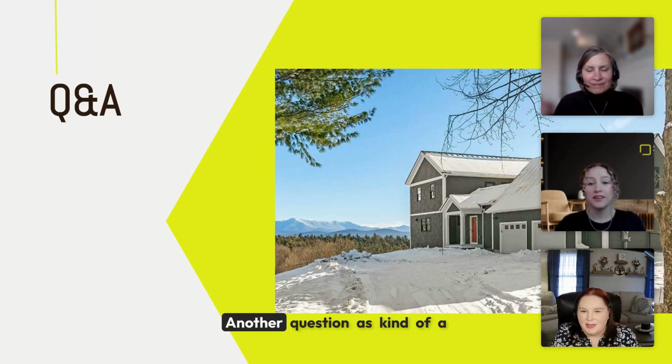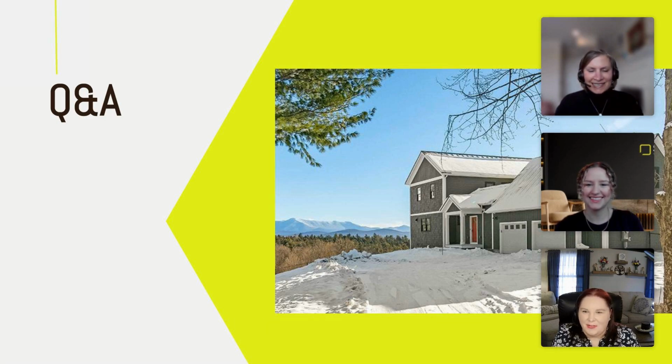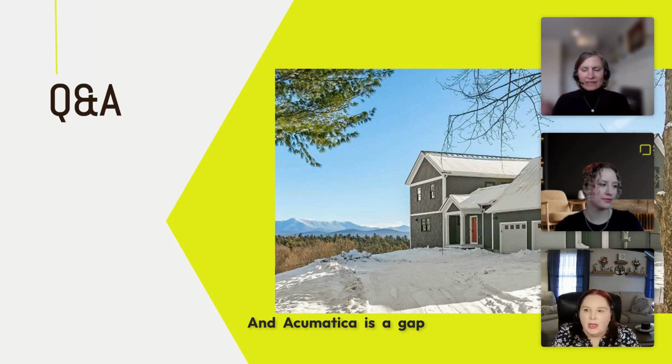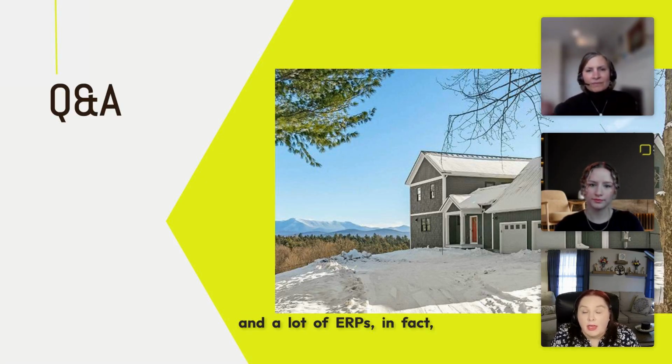Another question is of a similar nature. This person said, I'm on QuickBooks. Will this be an easy transition for us? I'll jump in on that one. You would think it might be, but with QuickBooks, you're able to do a lot of things, and Acumatica is a GAAP compliant system, and a lot of ERPs that we sell are GAAP compliant.